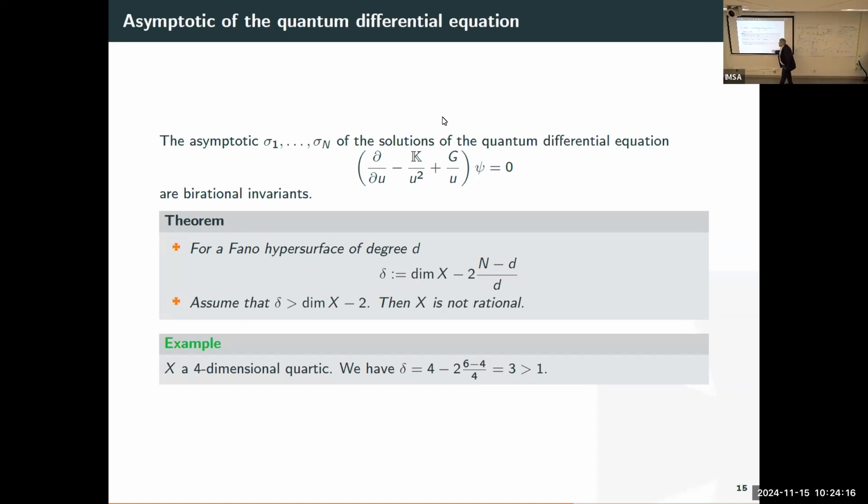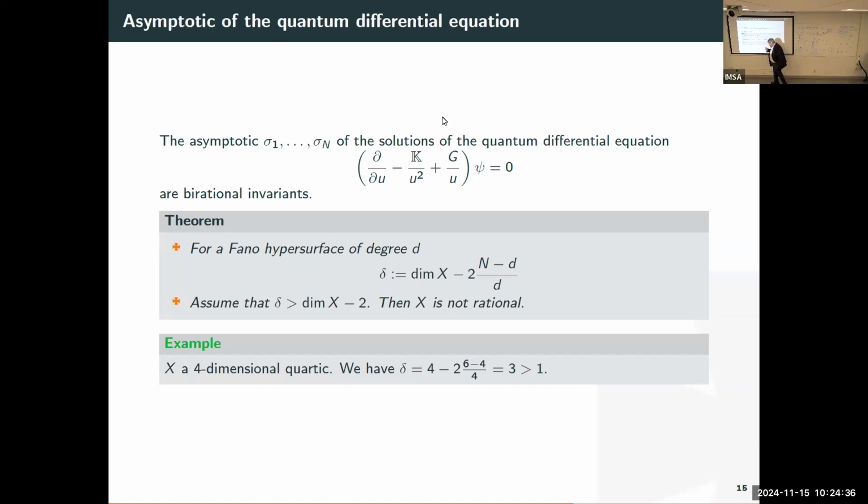And so I have a theorem here which tells us, for a hypersurface of degree p, 3 in this case, if delta, which can be computed by this number, is bigger than 0, then the cubic is not rational.